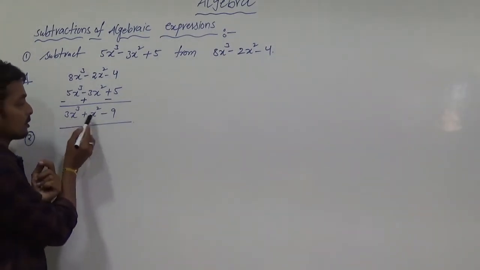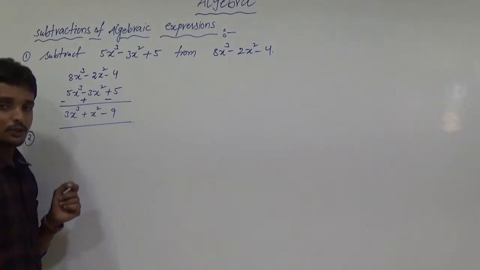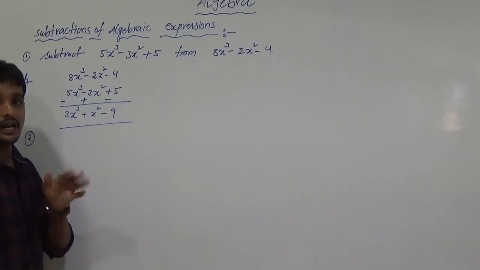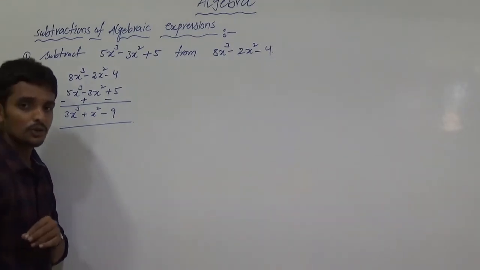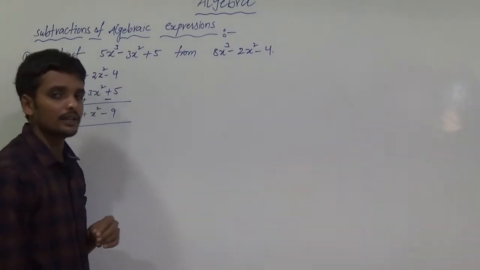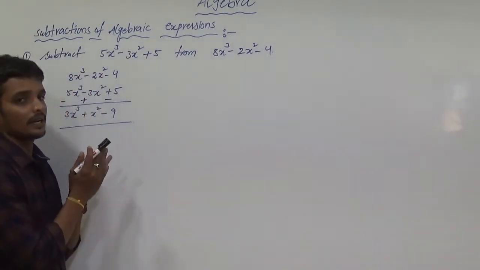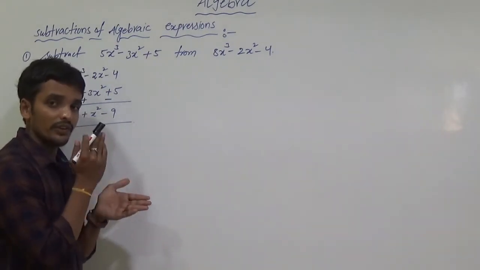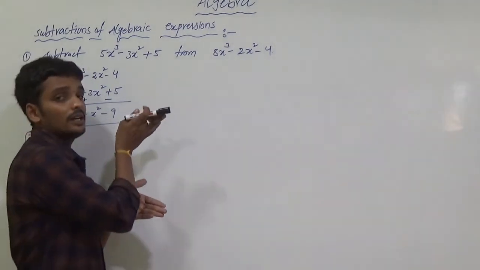So can we add 3x cube plus x square? We can't. Why? Because 3x cube and x square are unlike terms. Do you know the meaning of like and unlike terms? Yes, we know. Like and unlike terms are compared by the variable. First of all we have to see the variable. If the variable is equal, now see the exponent.